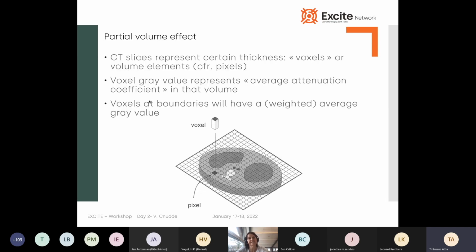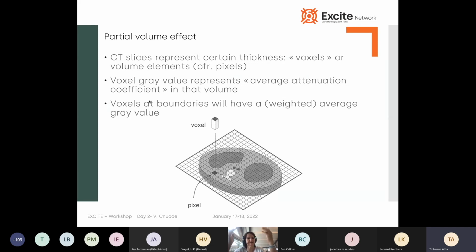And this is something to keep in mind, that when working in a digital world, the partial volume effect can play a role. Because when we reconstruct CT slices, we are looking at voxels, so volume elements, which are similar to pixels, but with a third dimension.